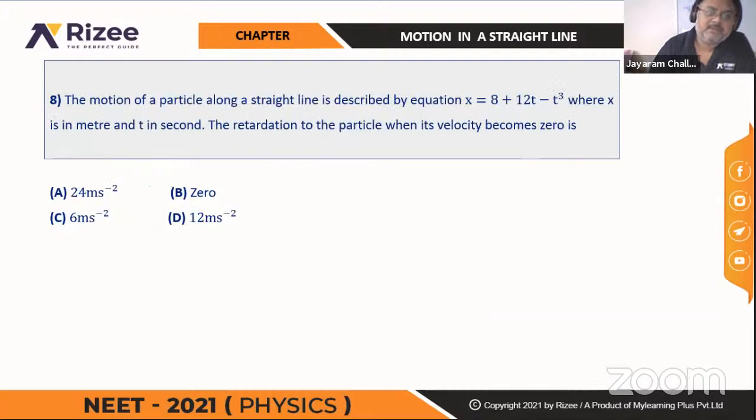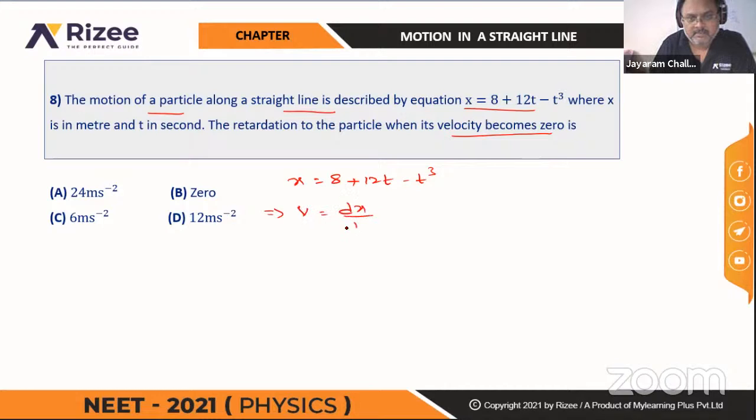Next, the motion of the particle along a straight line is described by x is equal to 8 plus 12t minus t cube, where x is in meters, t is in seconds. Retardation of the particle when velocity is becoming 0. So first we'll find out the velocity. v is equal to dx by dt.